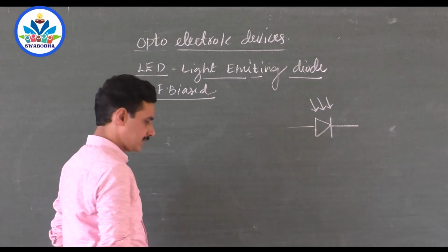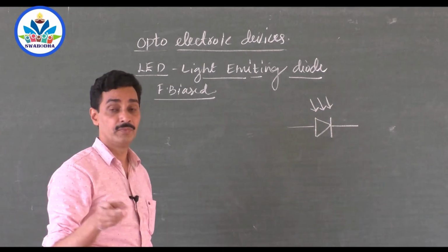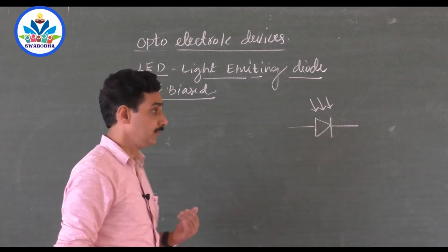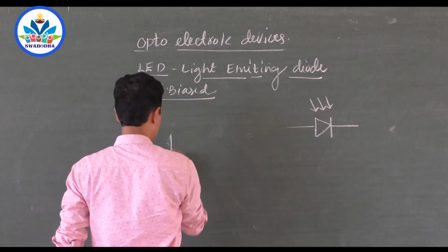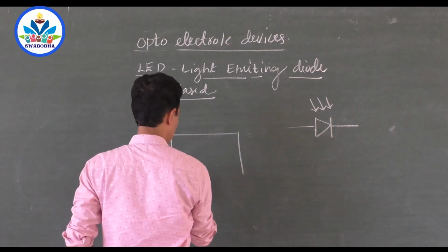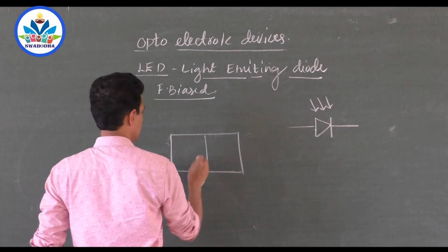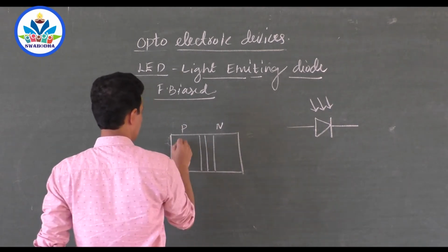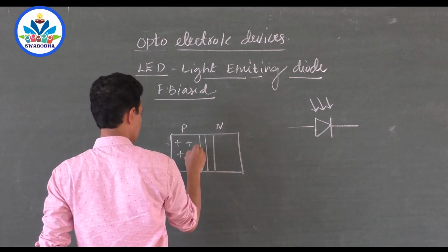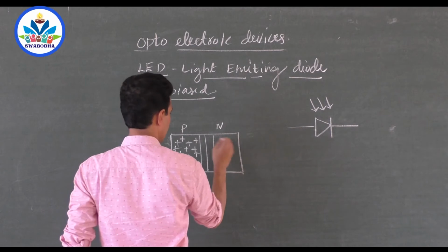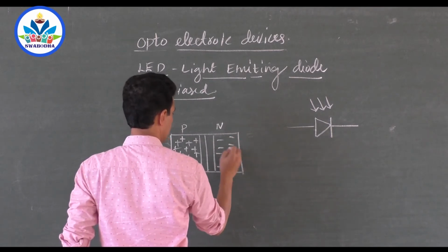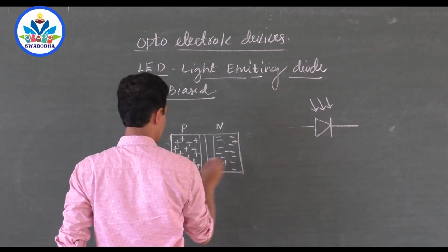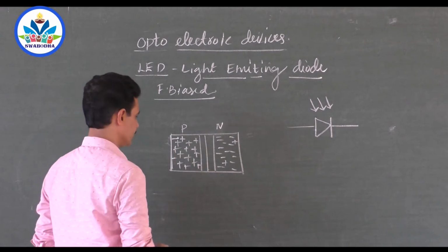Now, how is LED constructed? Again, heavily doped PN junction, but forward biased. Of course here we have a depletion layer, P layer, N layer, and here we have plenty of holes, and here plenty of electrons, and there may be few minority carriers on each side.